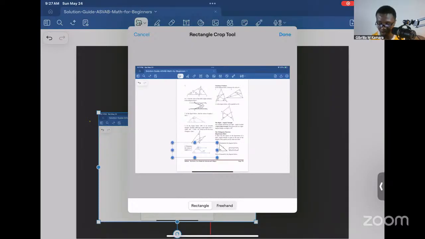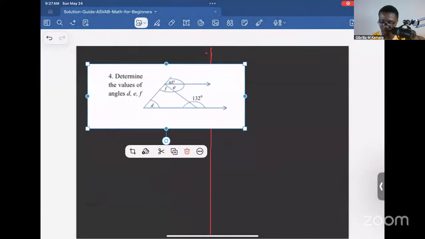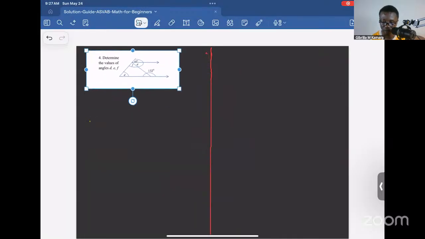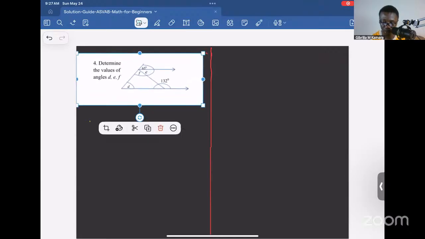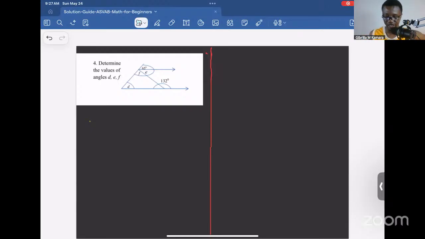So our next question is here. So this question says determine the values of D, E, and F. We have to determine the values of D, E, and F. If you want to give it a try, give it a shot.